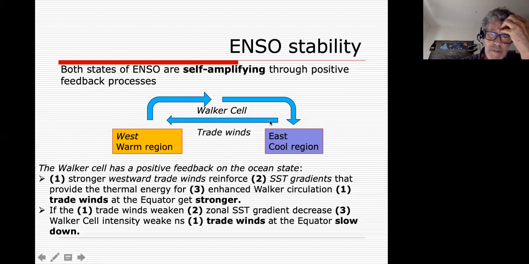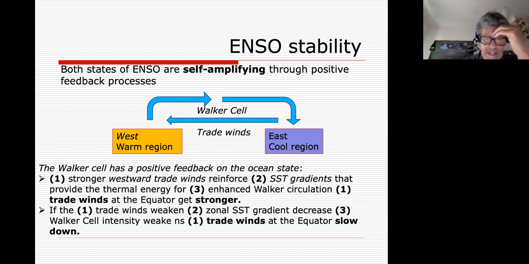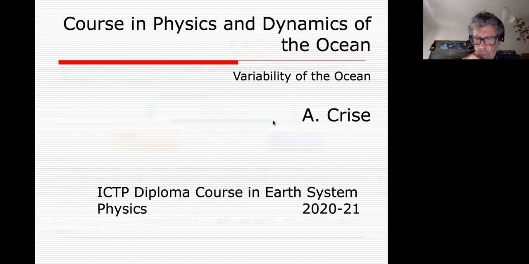We can remember we are at the equator, so the trade wind goes almost parallel to the equator, and when the SST gradient is higher, the trade wind is increased, and the Walker cell works even better.